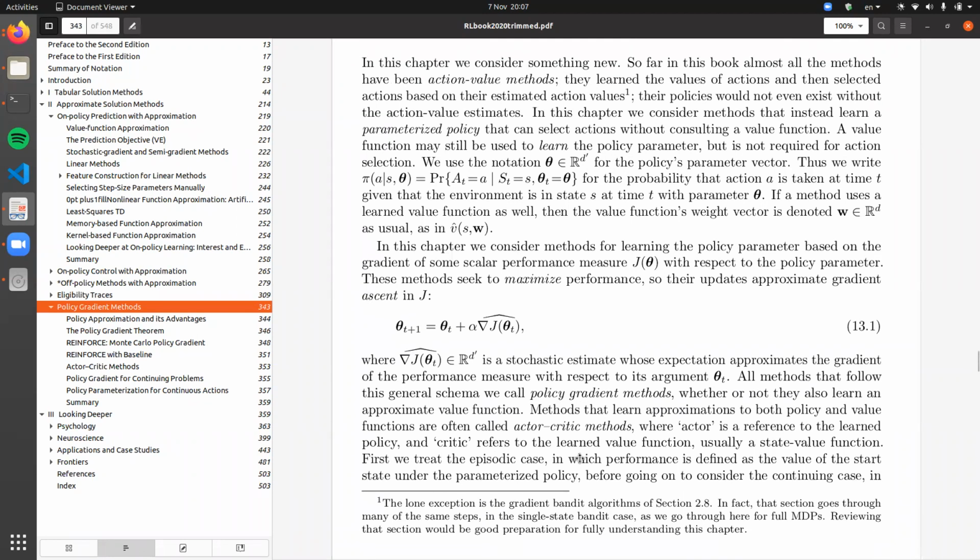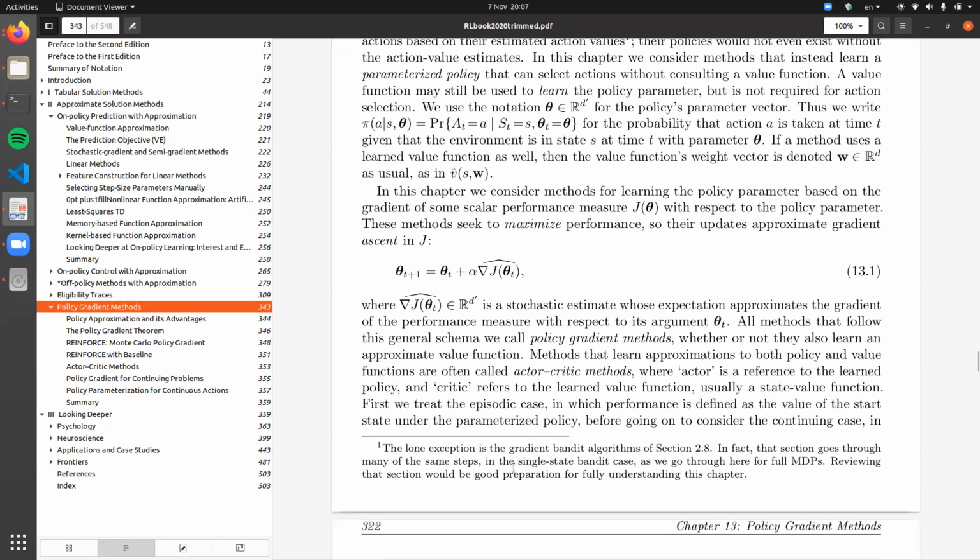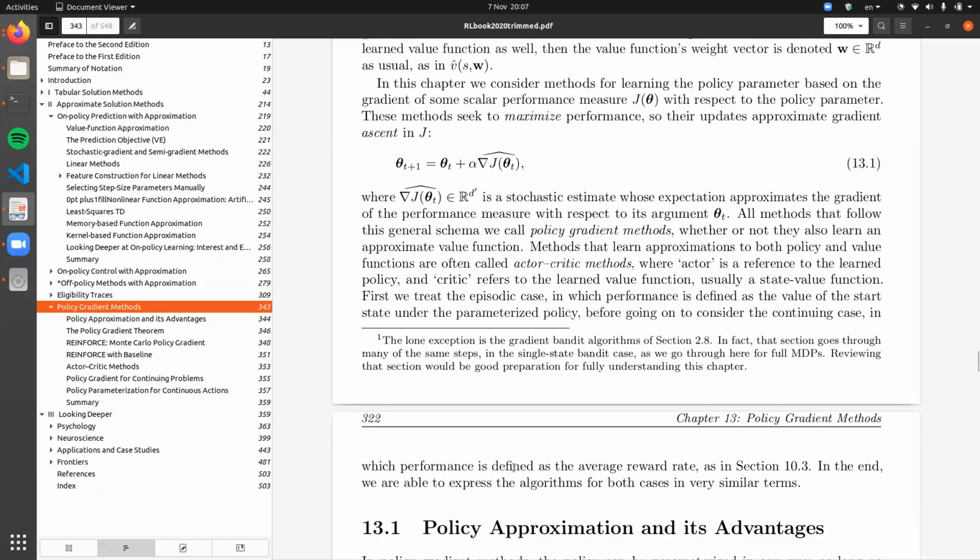To make this work, we need to define some differentiable objective function. That would be some function that is parameterized by parameter vector theta, and it should produce a single scalar that is a measure of the performance of the agent in the environment.